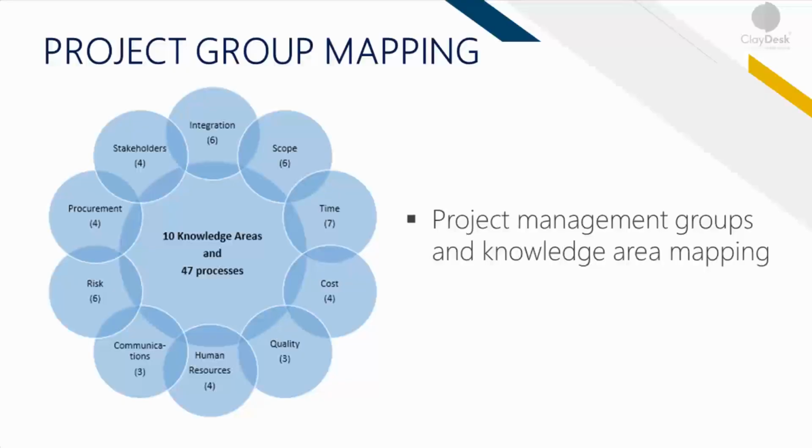Similarly, if you continue forward with these knowledge areas, you have knowledge areas that include project cost management, quality management, resource management, communication management within each of these phases, and they are mapped, so you can kind of go through and just take a look at. And the last three are the project risk management, procurement, and then the stakeholder management.